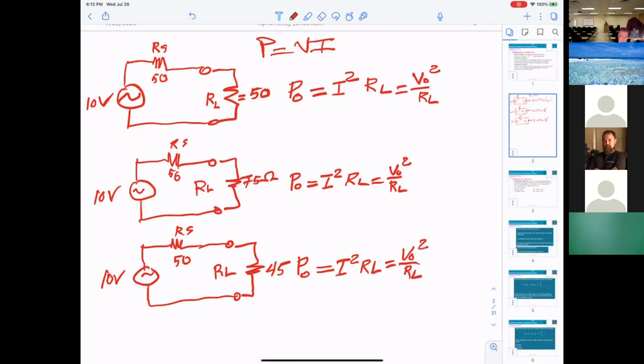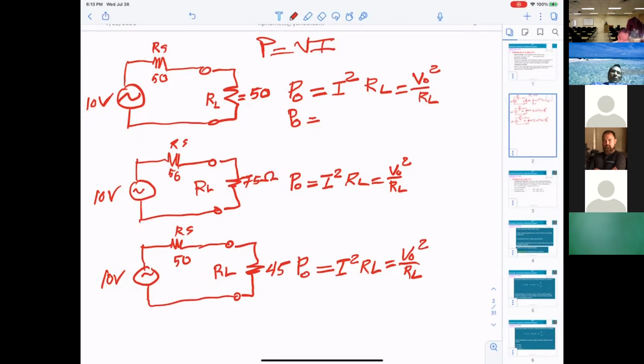Okay, so the first one here, what PL do you get? But is the resistor the total or only the load? They want the output power across the RL. That's what I said. You can calculate I, then calculate I squared times RL, or you can even calculate V out, then V out squared divided by RL.